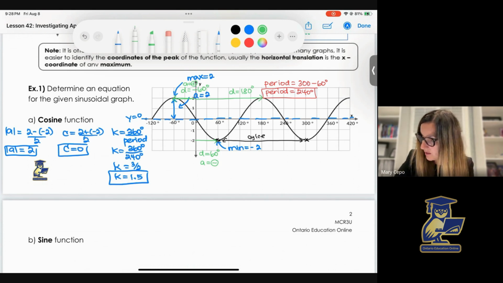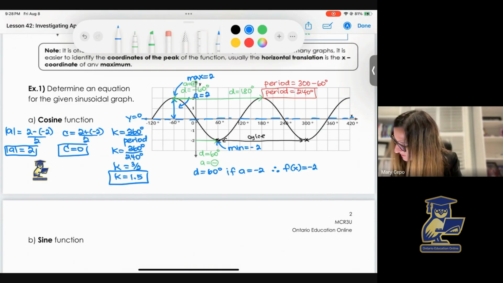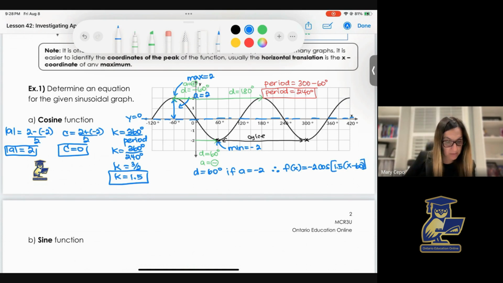Okay, so if we decide d is equal to 60 degrees, that means a has to be negative. If a is negative 2, therefore we can say f of x is going to equal negative 2 cos k, which is 1.5, x minus 60, and then it's plus 0, so we don't have to put in the plus 0.